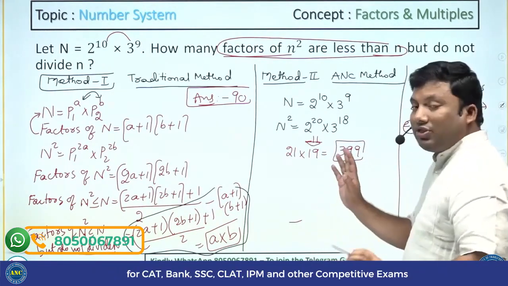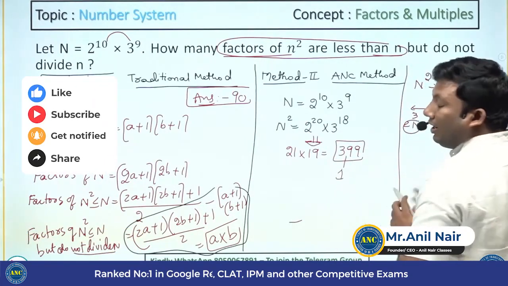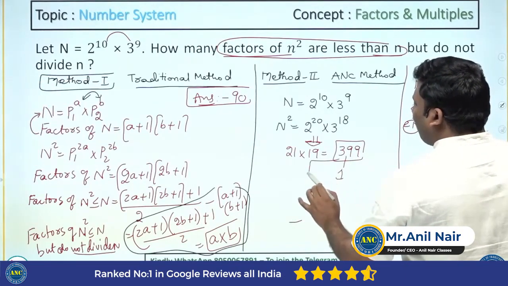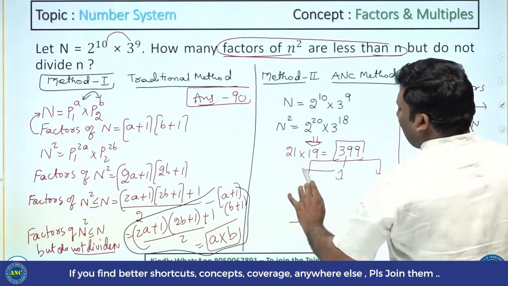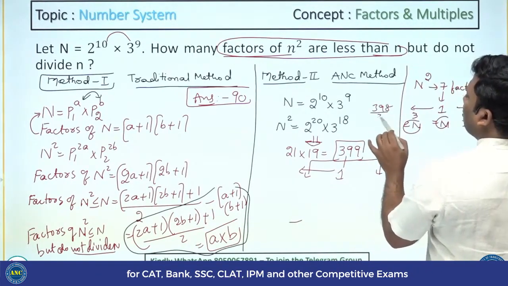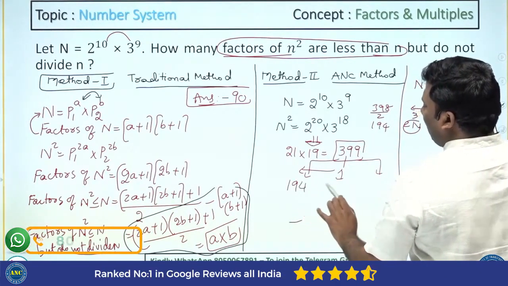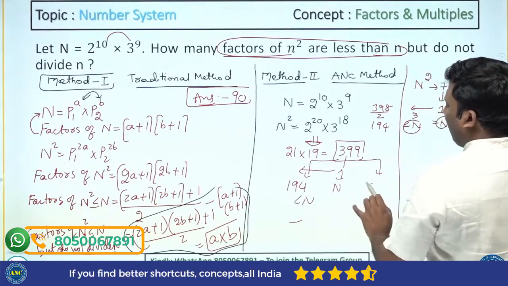Listen carefully. 399 is an odd number of factors. One factor will be equivalent to n, leaving 398. Half of them will be less than n and half will be greater than n. So 398 divided by 2 is 199.